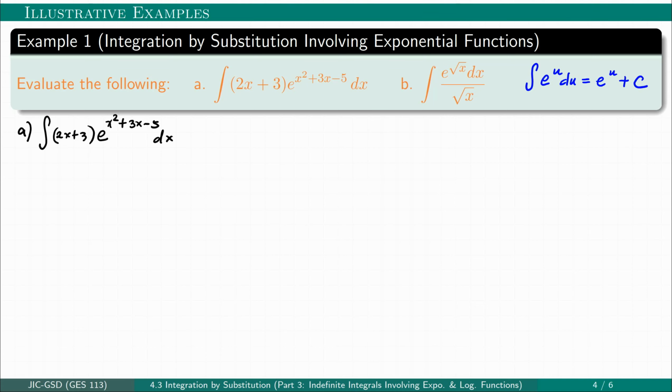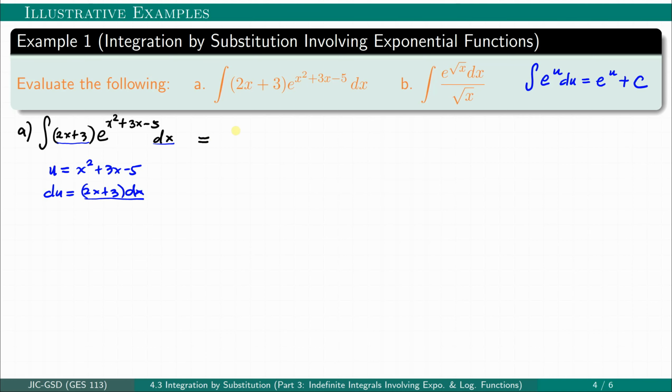Example A is not yet in the right form, but if we do the substitution u, which is the power of e, x squared plus 3x minus 5, and take the derivative on both sides, this would be du equals 2x plus 3 dx. Notice here that 2x plus 3 times dx is exactly the right side, which is just du.